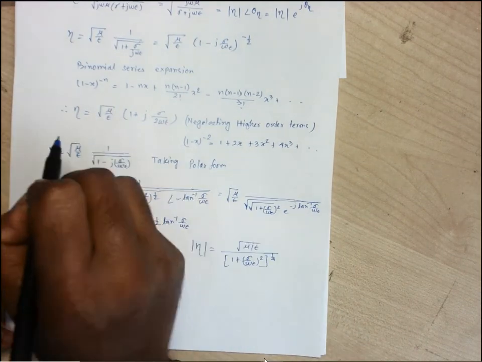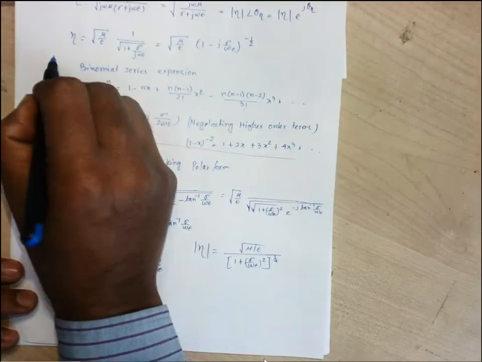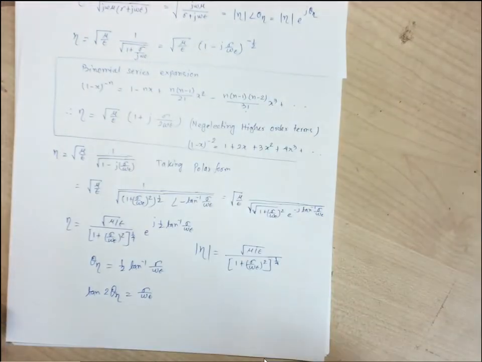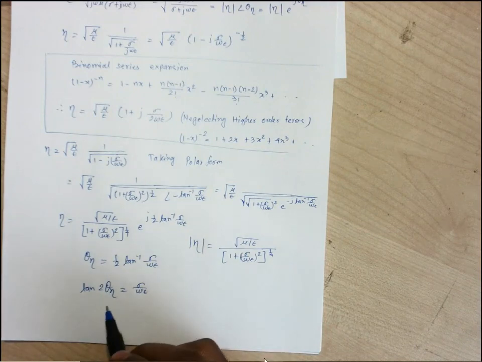This thing is not required, you can bypass this thing, binomial expansion not required. You can start with the polar form. We have taken the amplitude and we have taken the angle. From this we can write like this. So this is the mod value of intrinsic impedance, this is the angle related with this intrinsic impedance. Fine.